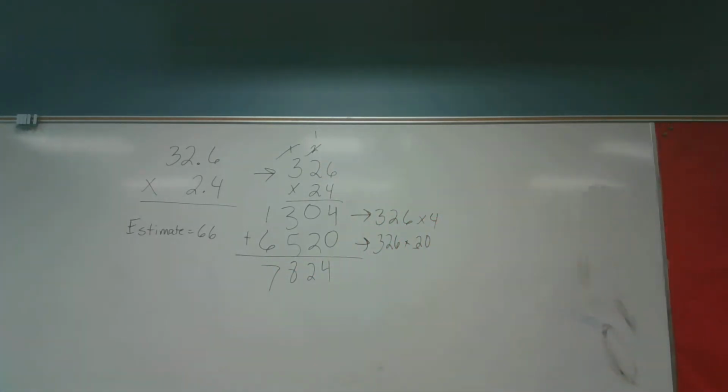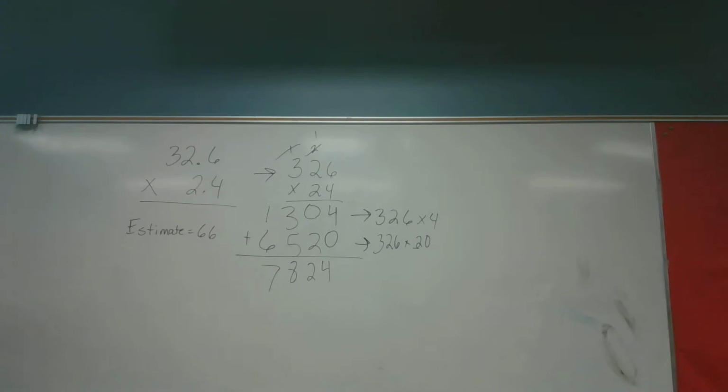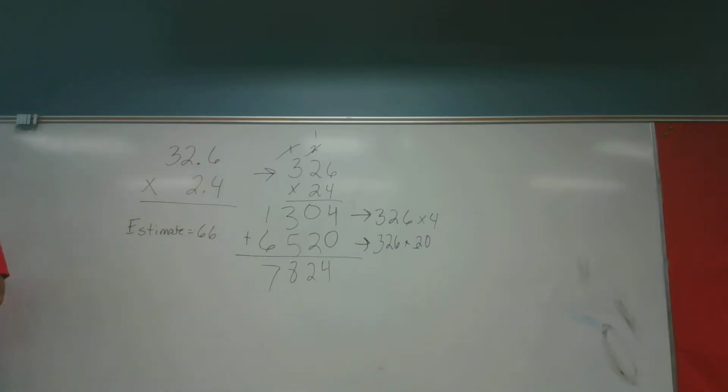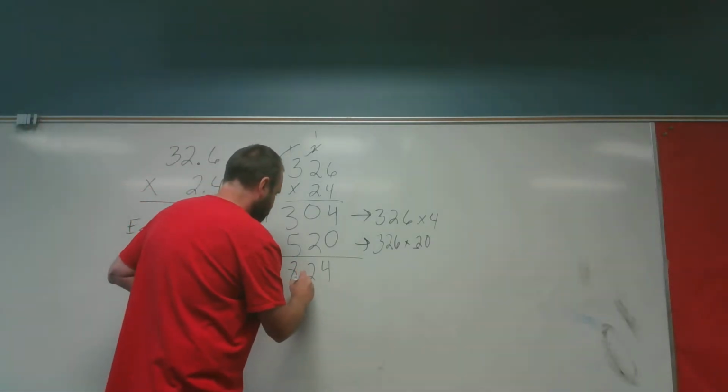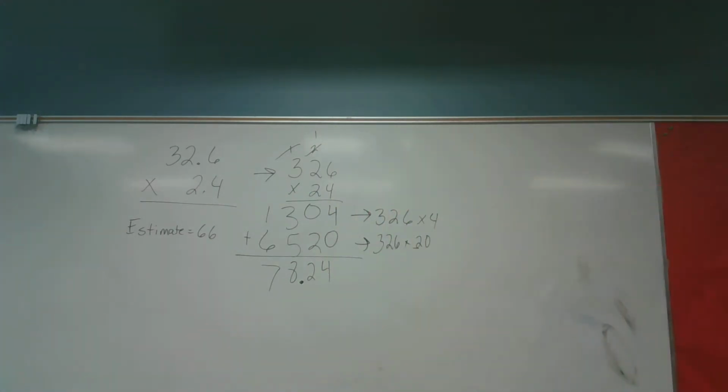Now, Izzy, let's look back at the problem. How many numbers are behind the decimal point in this problem? 2. The 6 and the 4. That's how many numbers need to be behind the decimal point in the answer. Our estimate helps us out. That's as close as you're going to get to 66.